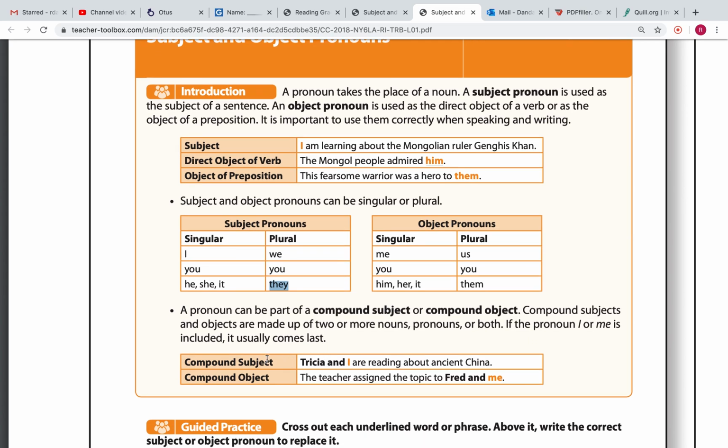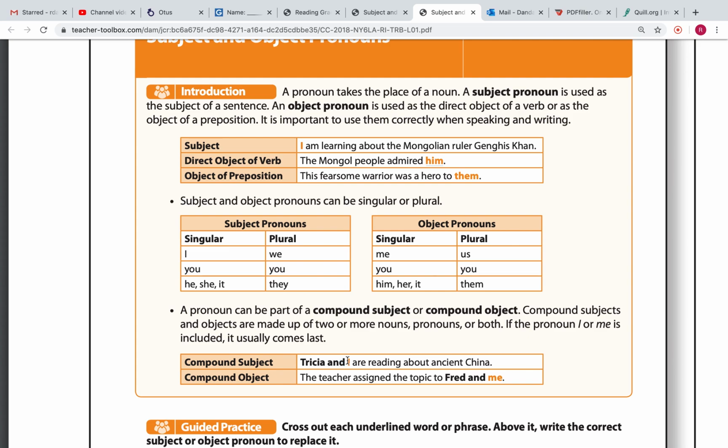Let's look at an example. In the sentence, Trisha and I are reading about ancient China, I is the compound subject, right? Remember, compound subjects and objects are made up of two or more nouns, pronouns, or both. So in this case, there are two nouns here, Trisha and I, right?